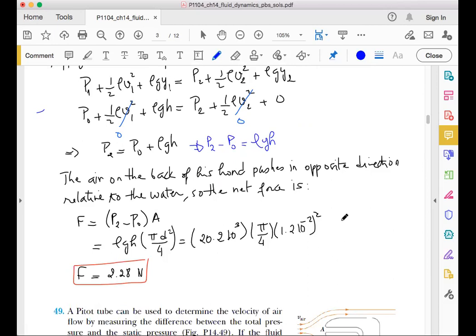Now I just want to highlight one thing. We can also solve this problem in a slightly different way. Here is the dike, and here is the finger of the buoy.